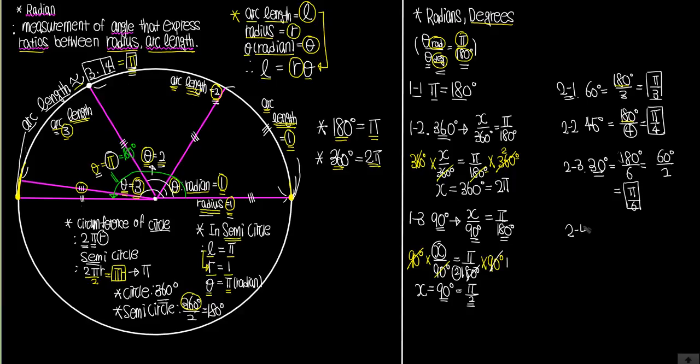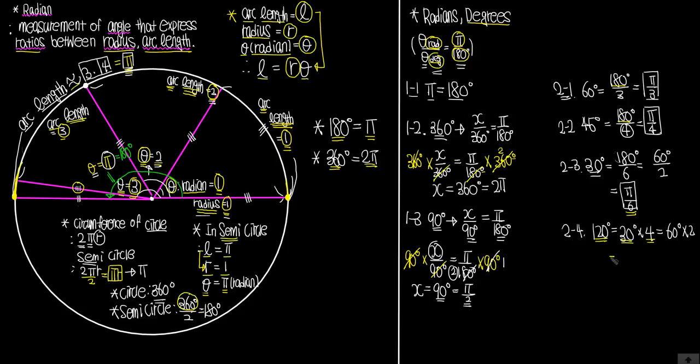Now let's think about 120 degrees. For 120 degrees, we can think about it in two ways also, as 30 degrees times 4, or the same thing as 60 degrees times 2, but either way will give us the same answer. So we take 30 degrees times 4, where 30 degrees is pi over 6.